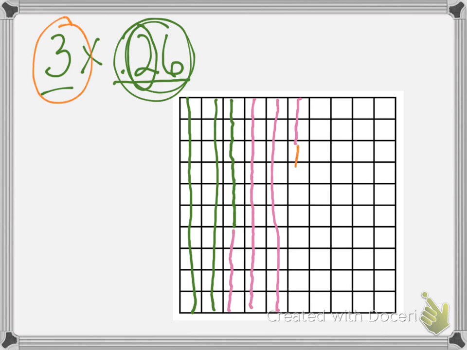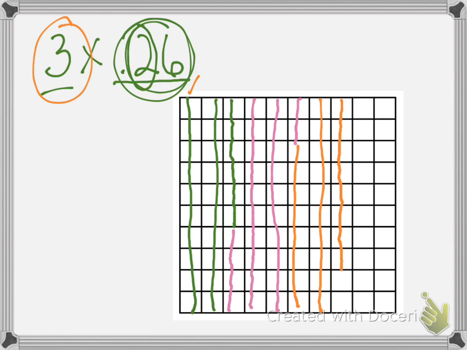Now I'm going to do my third one. So here's 8, 18, 19, 20, 21, 22, 23, 24, 25, 26. Okay, so now I've done three 26 hundredths. So now I need to count these up. You do not need to count each square individually. You can count by tens until you get to your last one.